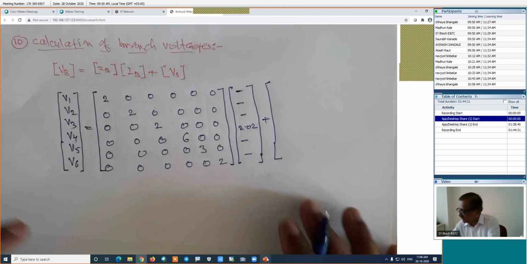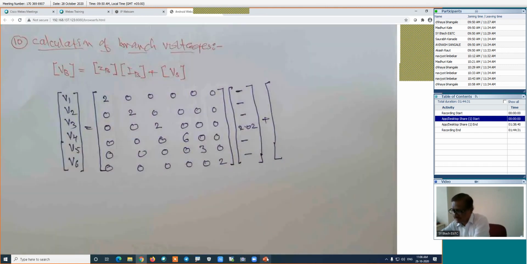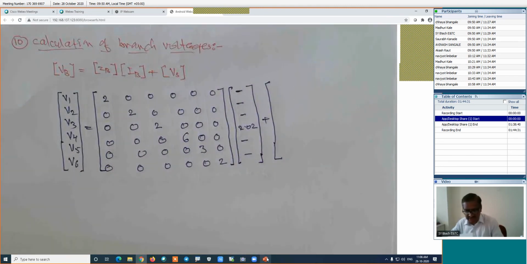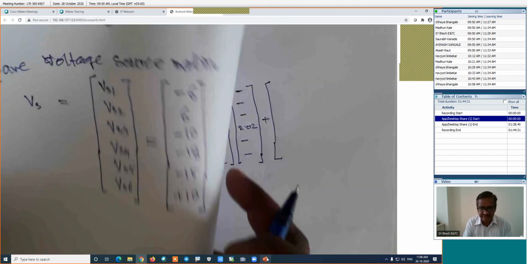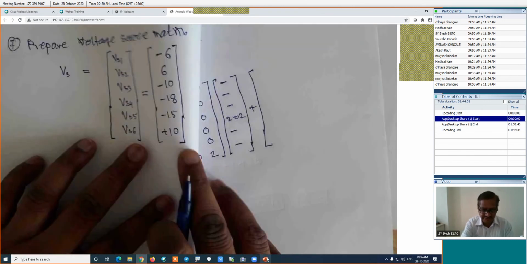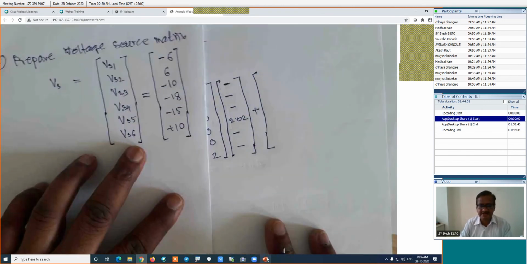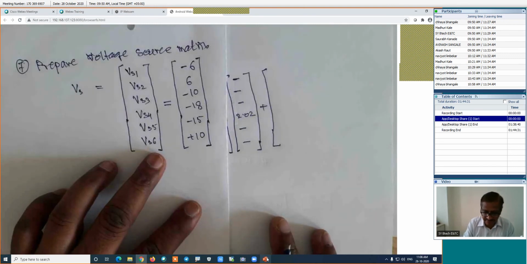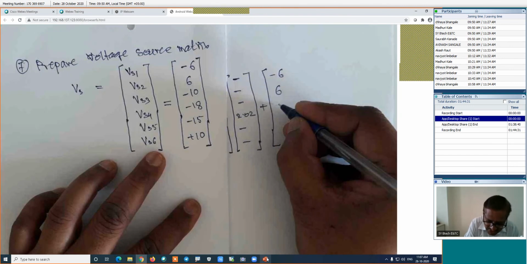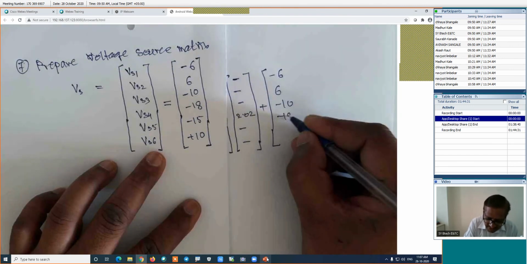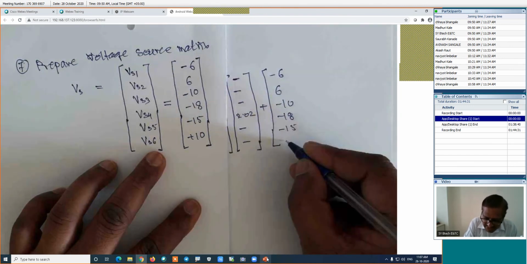How much is the VS? In this case, VS is the voltage source matrix. How is that matrix? It is something like this. The values are minus 6, 6, minus 10, minus 18, minus 15 and plus 10.